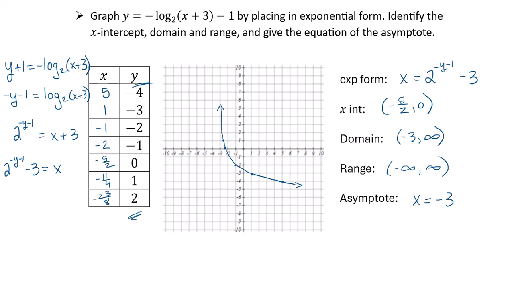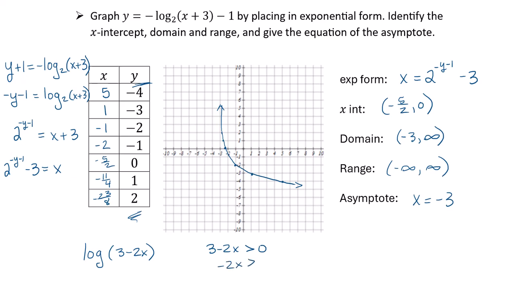Now, it's interesting to note here, we can find the domain of logarithmic functions without even graphing them. For example, if I have some kind of log of 3 minus 2x, I know that for this kind of a function, the argument has to be greater than 0. Cannot be equal to 0, and it cannot be less than 0. 3 minus 2x must be greater than 0.